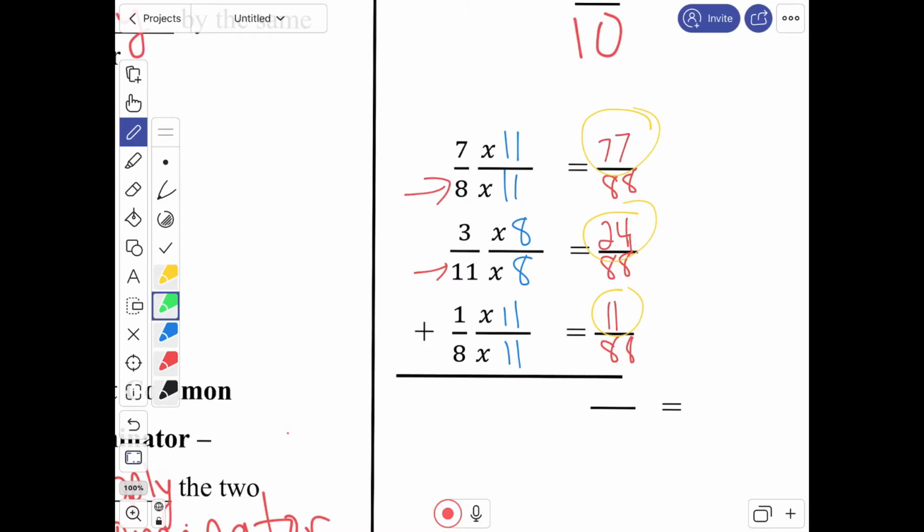Then we have to add all of those together. 77 plus 24 plus 11 is 112 over 88.